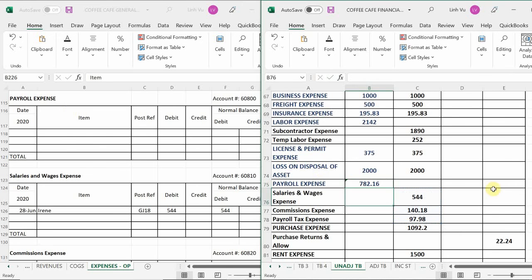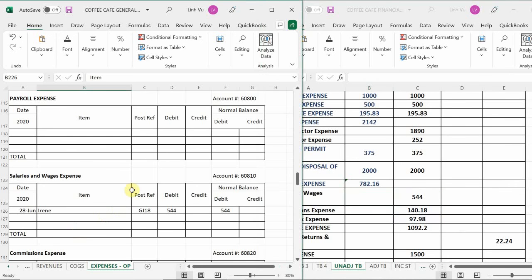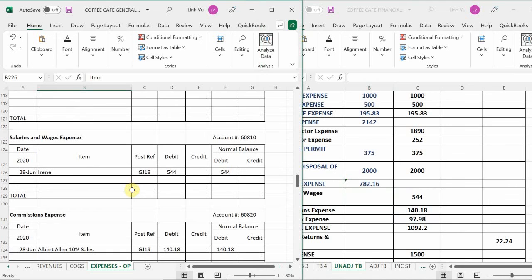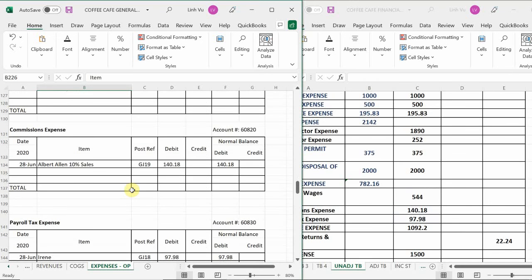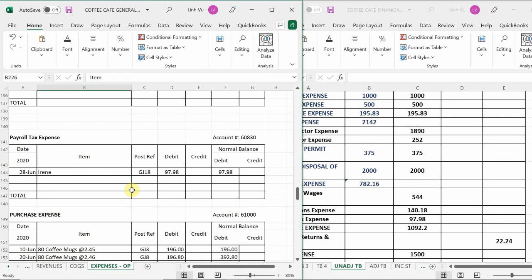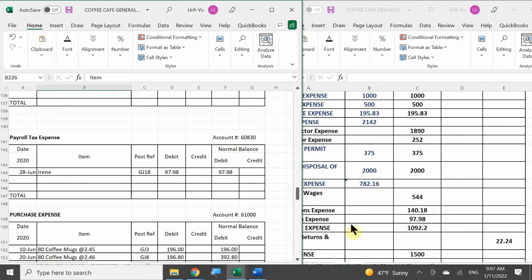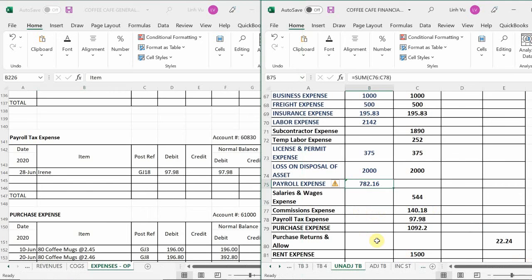Okay. So my salaries is $544. Commissions was $140.18 and payroll tax was $97.98, giving me a grand total of $782 and 16 cents.